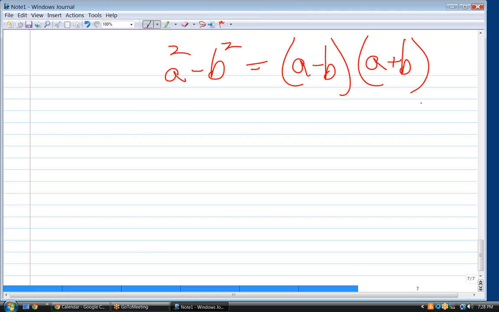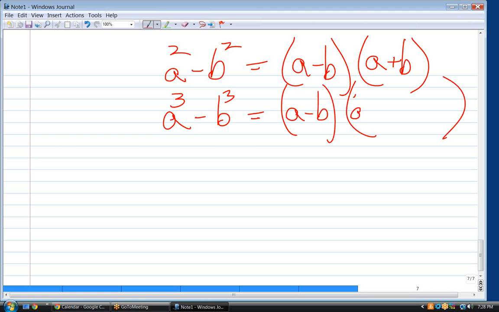This is the way I remember difference of squares. You gave it to me as a plus b times a minus b, which is correct. But if you memorize it this way, now for the difference of cubes, the first linear term is the same sign and the second quadratic is the opposite sign. Sum of cubes factors also, and you'll be expected to memorize this.